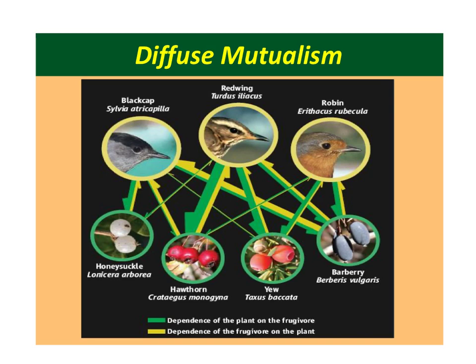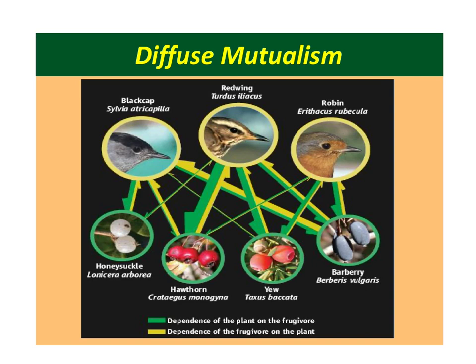So, for example, this hawthorn, the main bird that actually eats it, most of the seeds that are dispersed successfully are by the redwing.